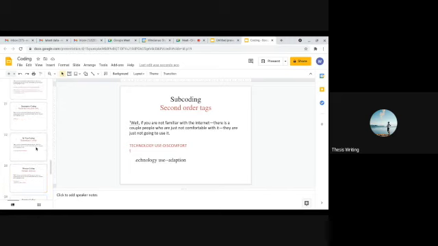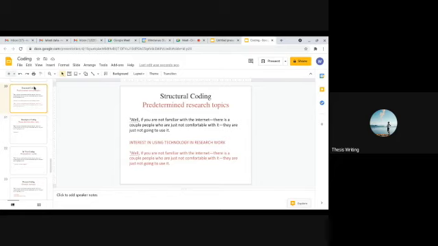Then, you have structural coding. Ito yung coding where nakabase sa research problem ang code mo. Kung nagmamadali ka matapos sa iyong thesis, ito yung pinakamadali kasi yung coding mo will be based on the research problem.